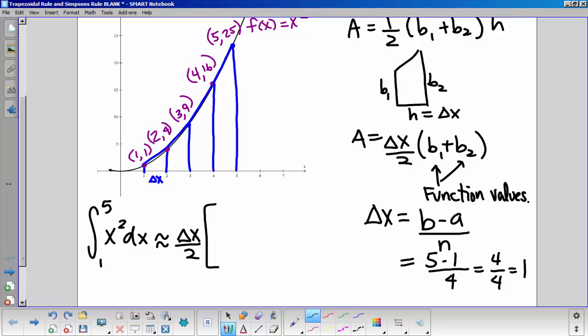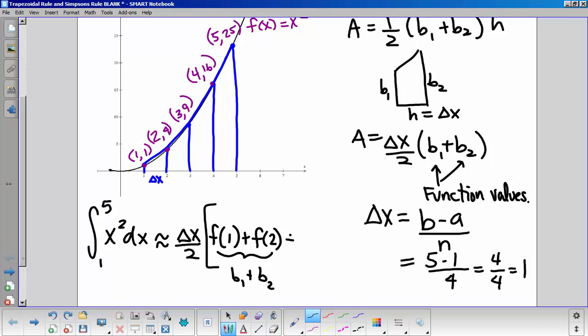It's going to be 1 plus 4, right? We can do it functionally though. You want to say f of 1 plus f of 2. That's the first trapezoid's base 1 and base 2.